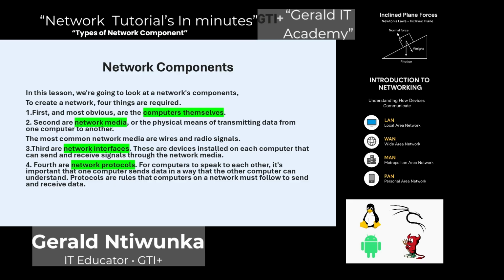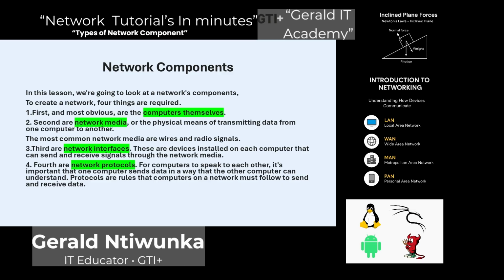First, the most obvious are the computers themselves. The second are network media, or the physical means of transmitting data from one computer to another. The most common network media are wires and radio signals.